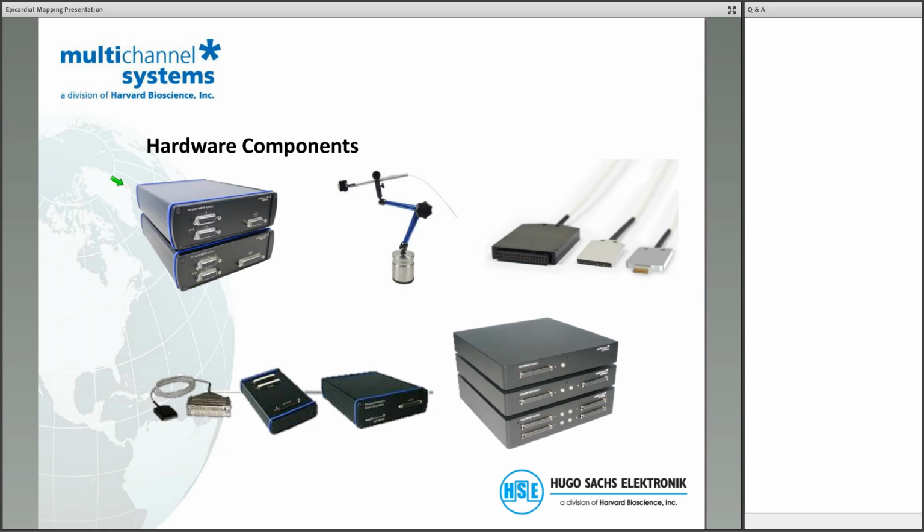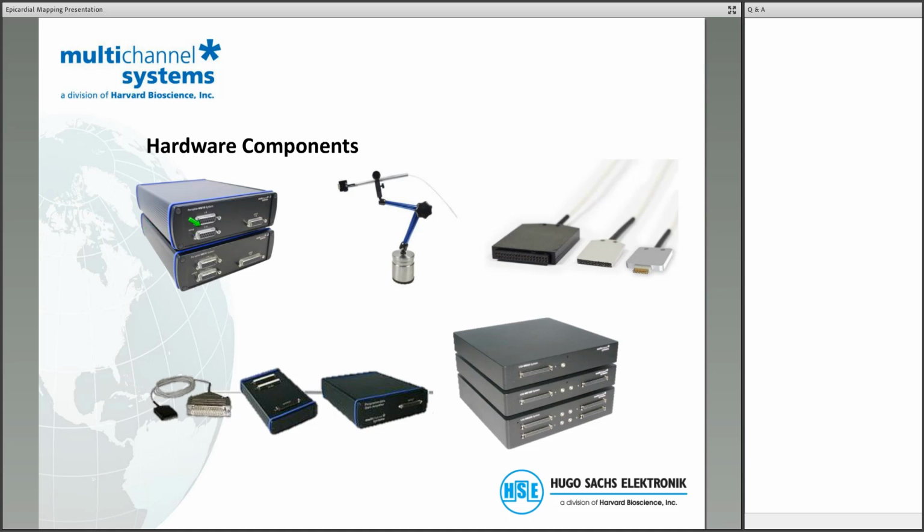What we are doing for most of the smaller rodent experiments nowadays is we are using integrated systems with 16 or 32 channels. And these boxes really allow you a very simple setup for the experiment.